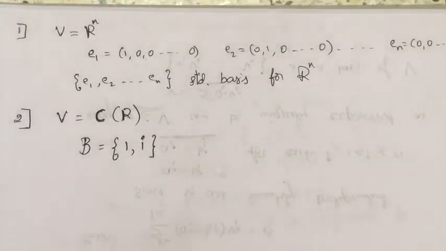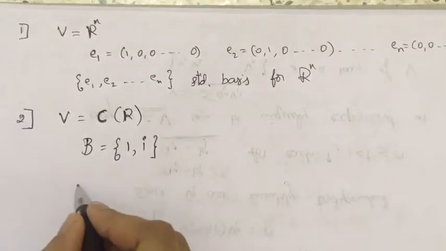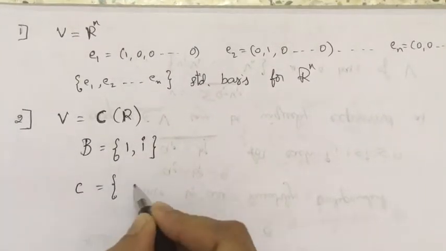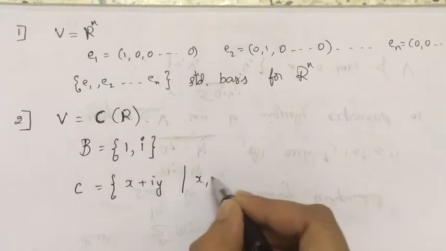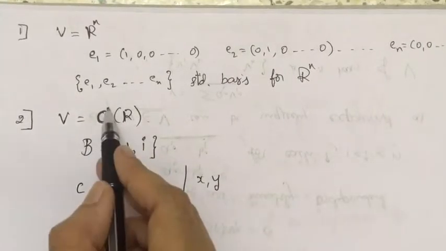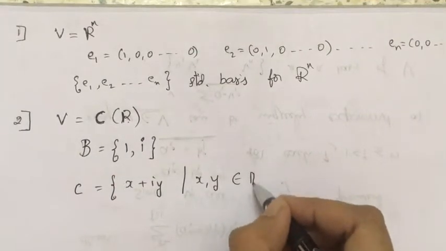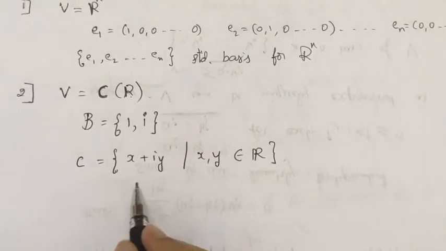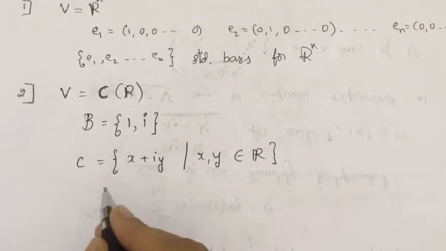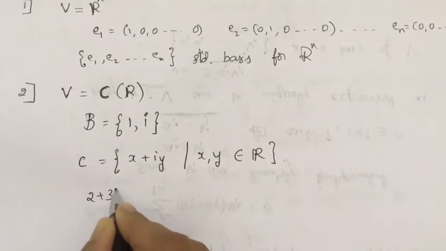Because you can check, how is any element in C? This is of the form x plus iy, right? Where x and y belong to R, as this is the complex space over real numbers. Now suppose I want to generate a complex number, say 2 plus 3i.